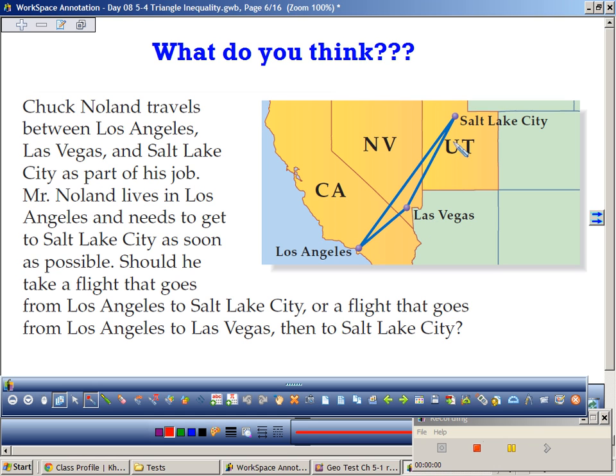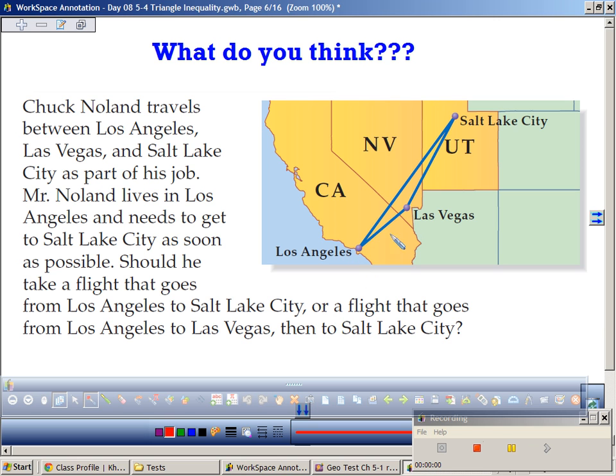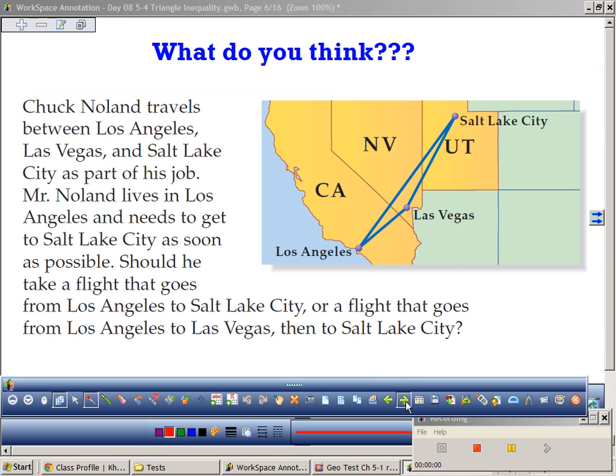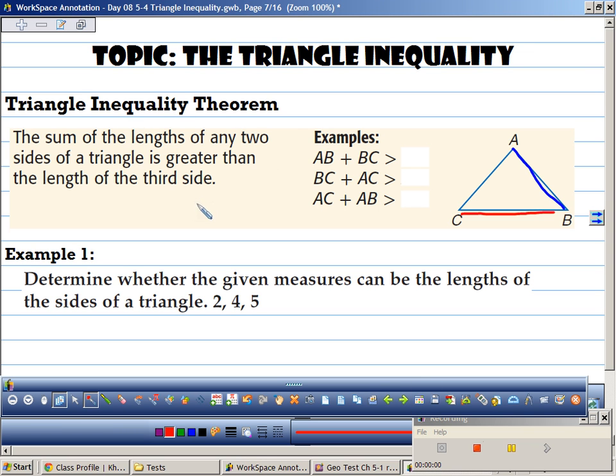So if the shortest distance to someplace is a straight line, then isn't the other route always going to be longer? So isn't this side of the triangle plus this side of the triangle always going to be longer than the other side of the triangle? Yes. Okay, so that's what they're stating in this theorem.